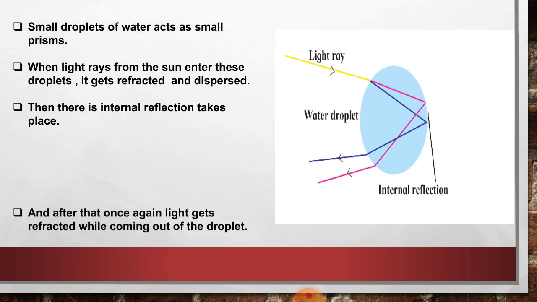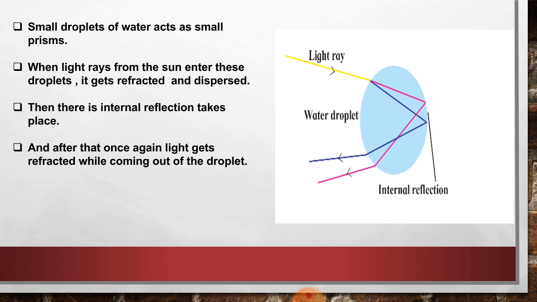Then after that, once again the light gets refracted while coming out of the droplet. Here internal reflection takes place, and again over here it gets refracted, while coming out of the droplet. You can see this bending. So what happens is, when a light ray falls on the droplet, it gets distributed into different colors.